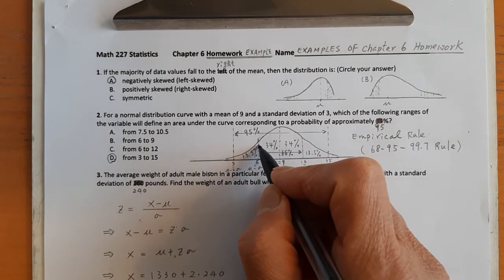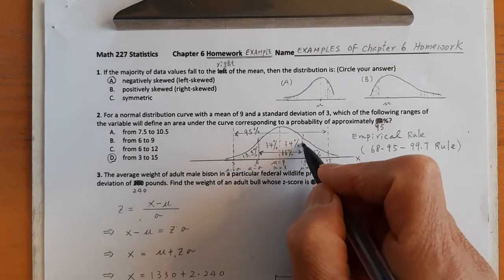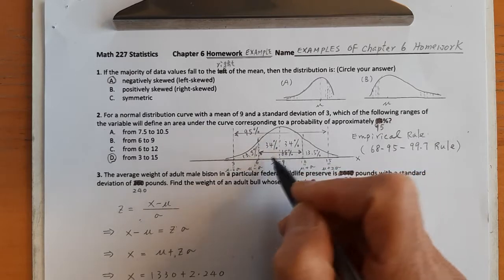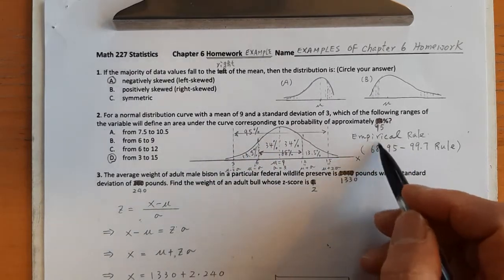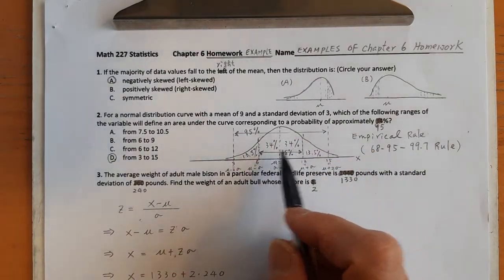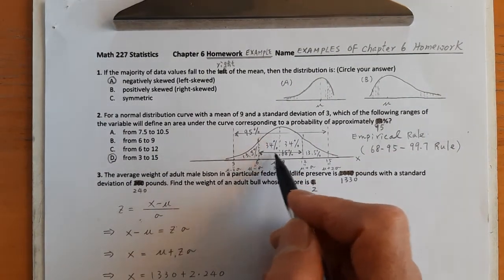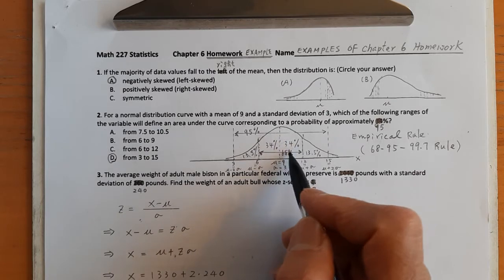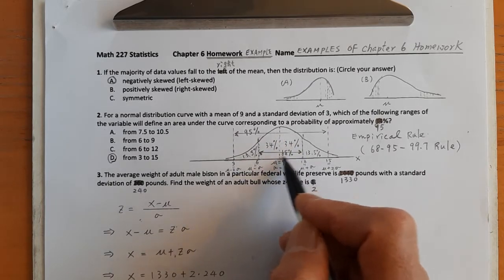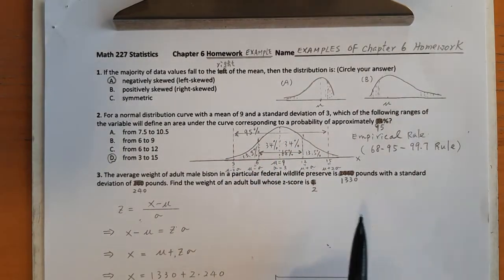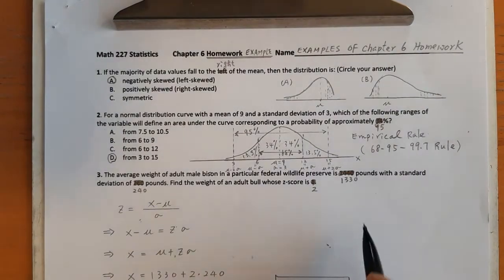Within one standard deviation of the mean, the area under the curve is 68%. Since it is symmetric, you divide it by 2, so each part is 34%. Add together, total 68%. That's one standard deviation from the mean, according to the empirical rule.